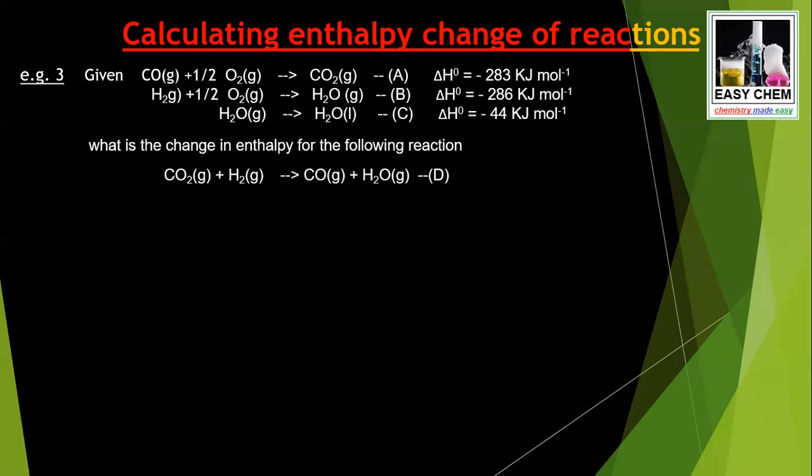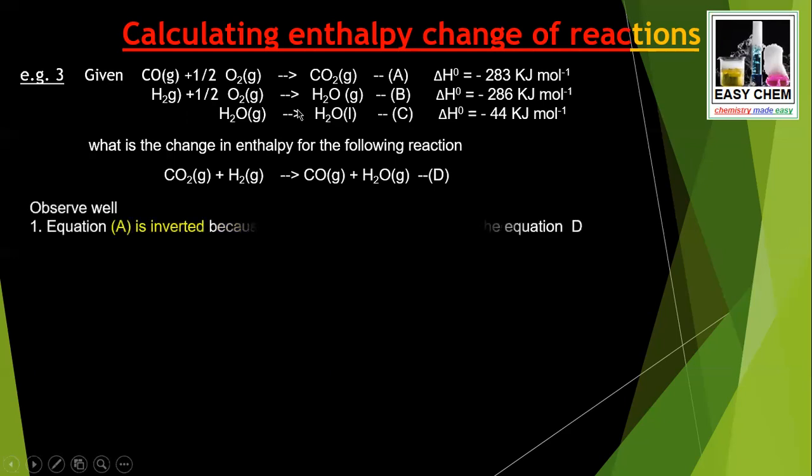Again, before we go any further, we have to analyze the reactants and products in equation D, and accordingly, how they are available in the given equations A, B, C. So observe well. We are going to the first point. Equation A is inverted.